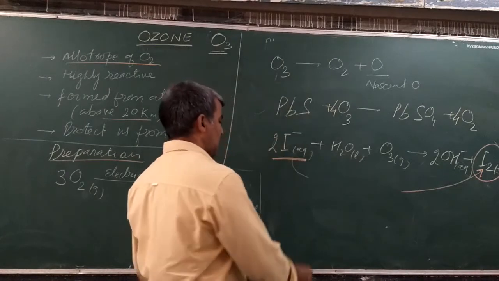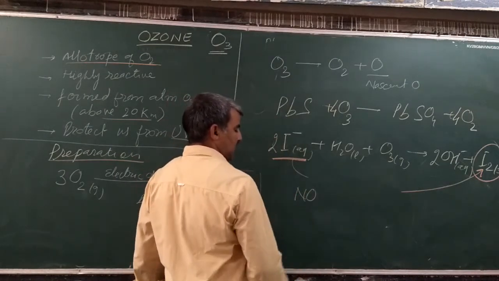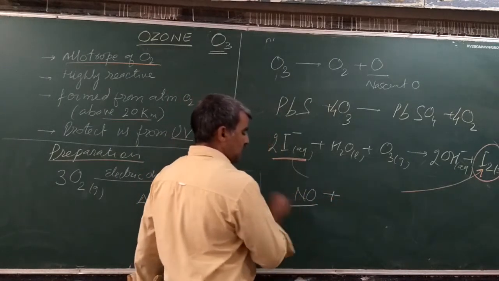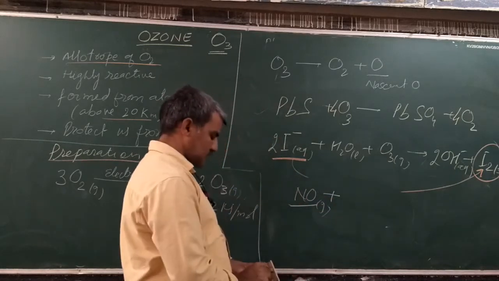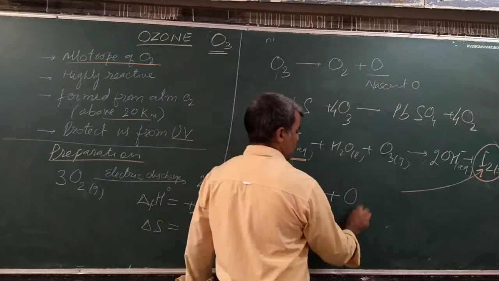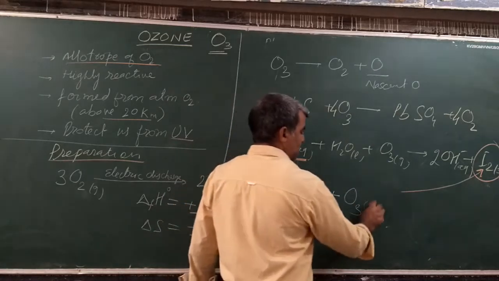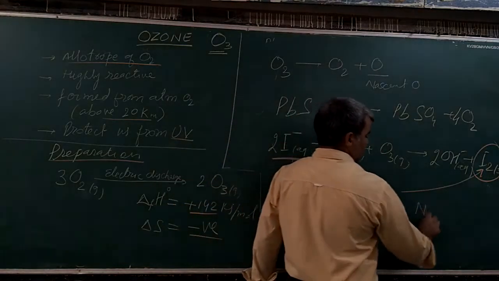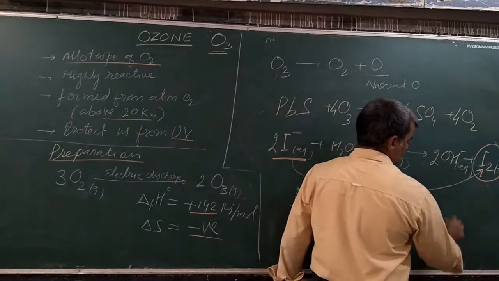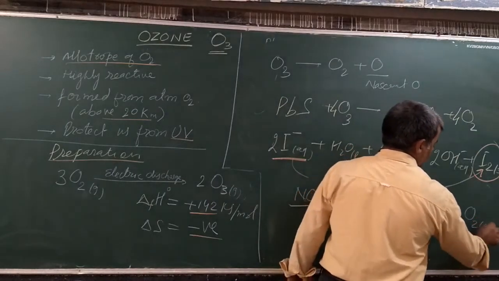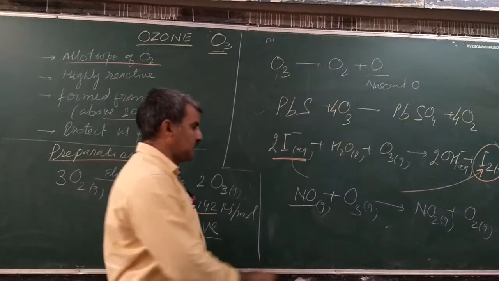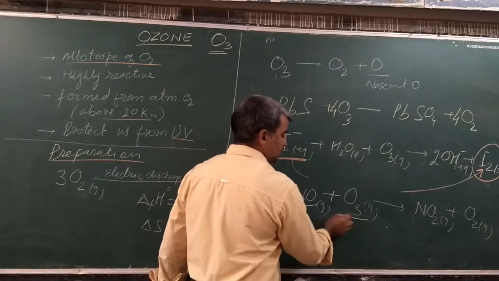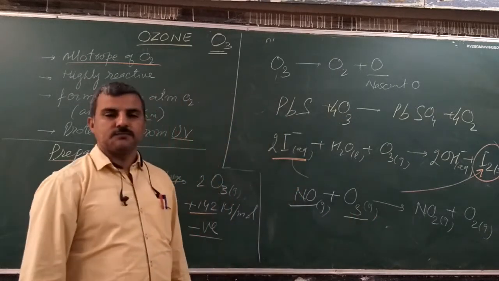Now, ozone is highly reactive with nitrogen oxide, especially nitric oxide. If nitric oxide is present in the atmosphere, it reacts with ozone, converting into nitrogen dioxide and producing oxygen, and this is the main cause of depletion of the ozone layer.